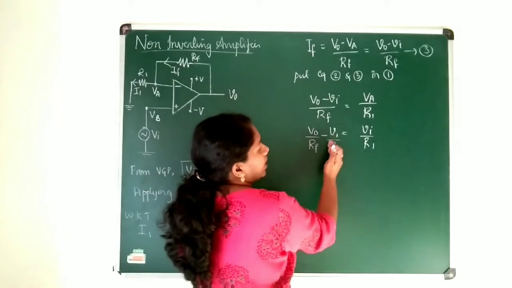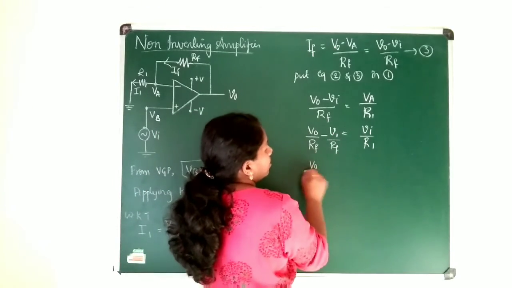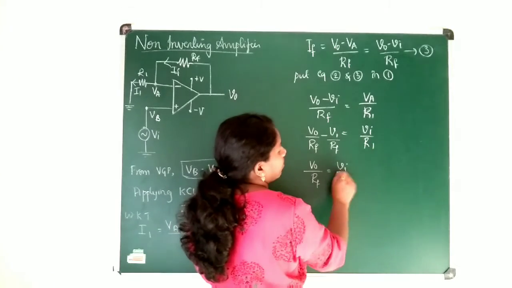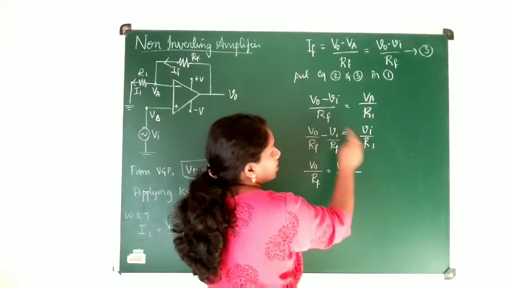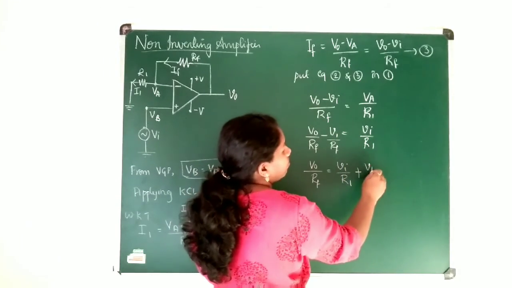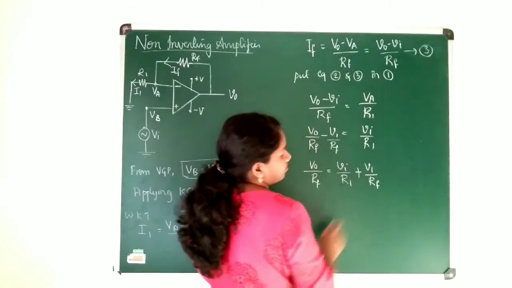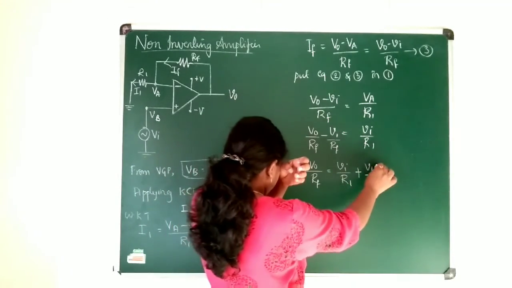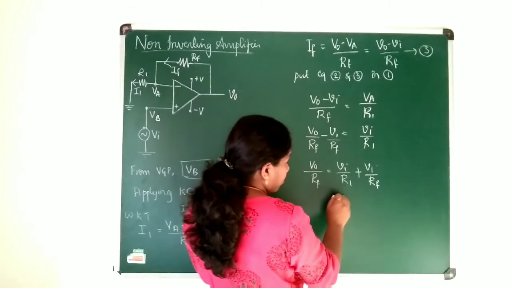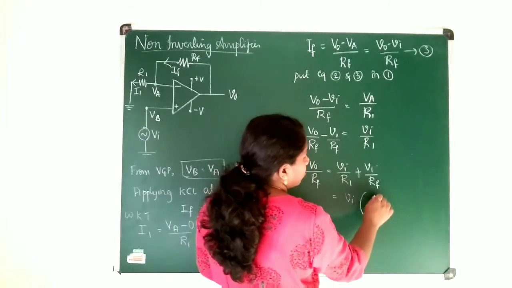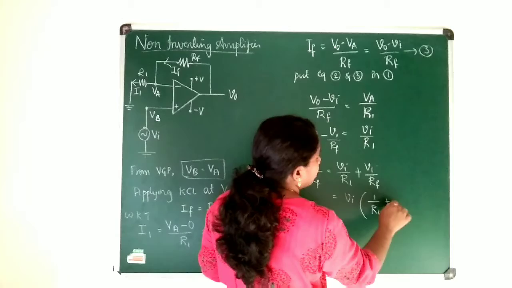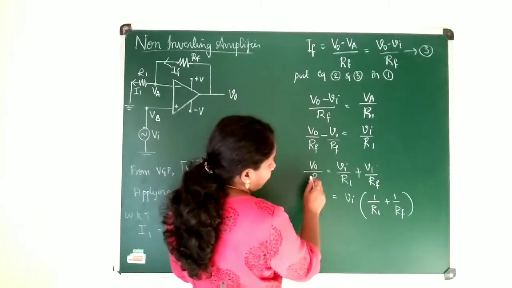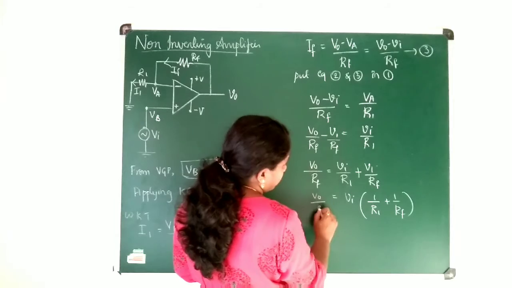Now I just take this towards the right. V0 divided by RF is equal to VI divided by R1, and this minus turns to plus, VI divided by RF. Now what will you be getting? This VI will be taken common here. You will be getting 1 by R1 plus 1 by RF. Next you have V0 divided by RF.